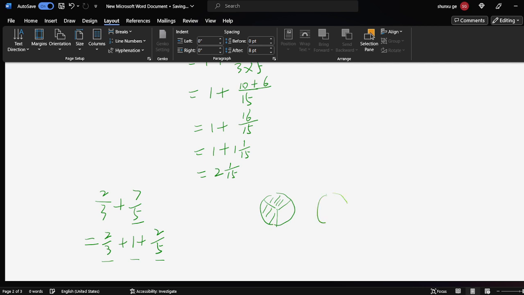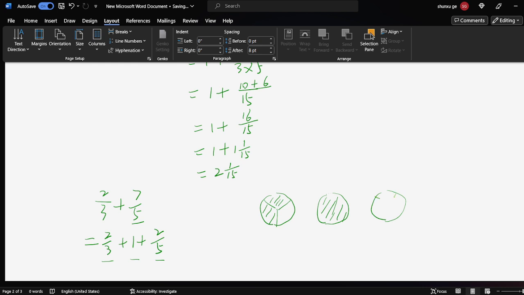Then second pizza. The second pizza is 1. I eat all of it. I don't cut it. I eat all of it. So it is 1. Okay, then we go to the third pizza. 5, 5, 5.